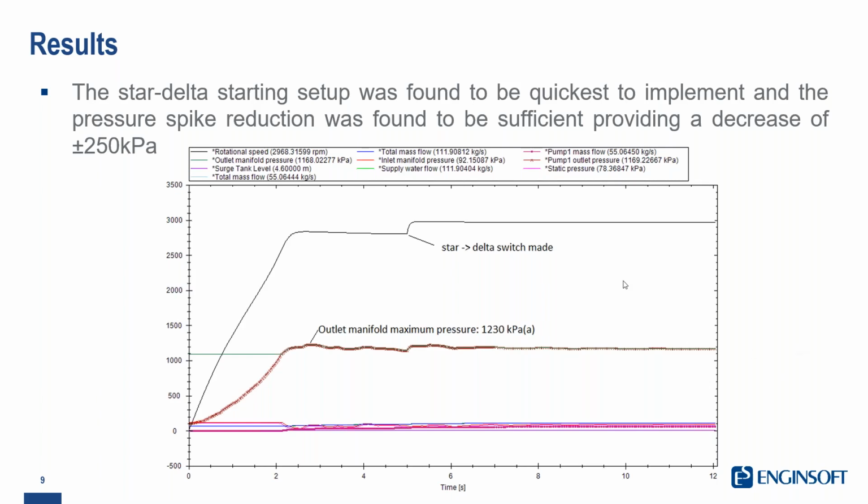So this is the way you can look at your pump when it's placed in the entire system, and try to avoid this problem, having direct influence on the way you can control the motor and the pump startup.